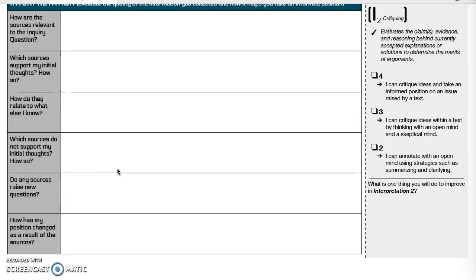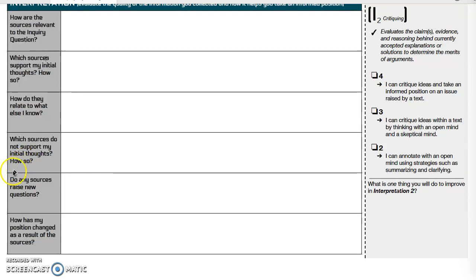Those are the ones that you should refer back to, and just because they do not support your initial thoughts doesn't mean that they are not valuable. They probably might lead you to developing a new perspective.